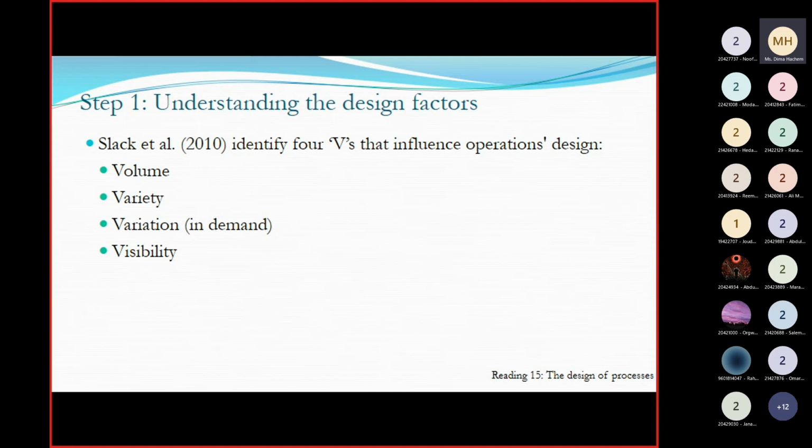If you have a high volume you will need more machines, you will depend more on bigger equipment and bigger machines. If you have a smaller volume on the other hand, then maybe you don't have to invest in these machines. Your employees can do the work.